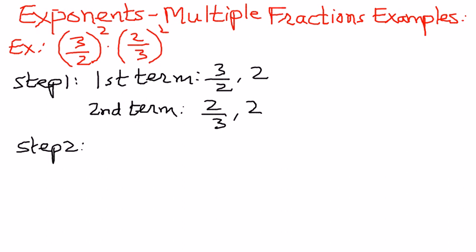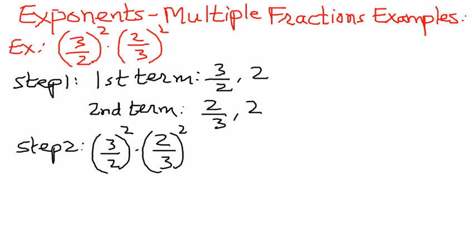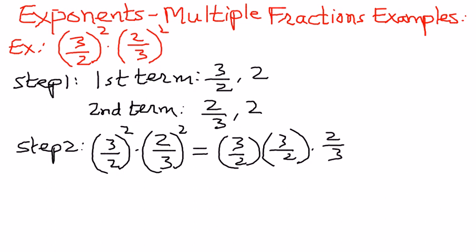Let's write down the problem one more time. 3 over 2 raised to the power of 2 times 2 over 3 raised to the power of 2. In this case, we're going to expand the first term 2 times, 3 over 2 times 3 over 2. And the second term we have here is 2 over 3, and that is going to be repeated 2 times, 2 over 3 times 2 over 3.